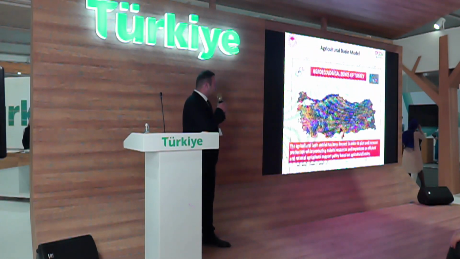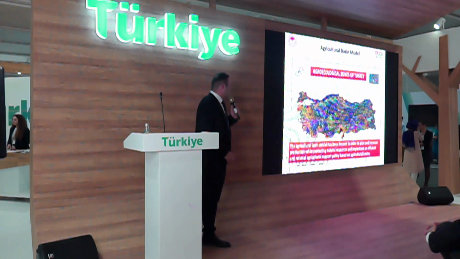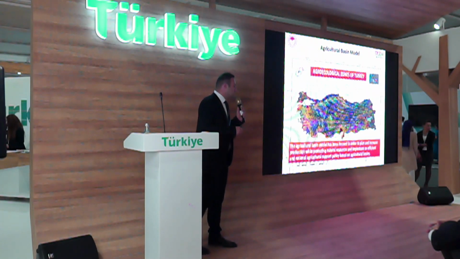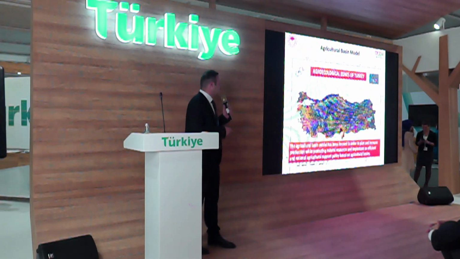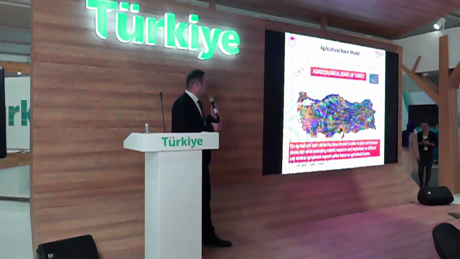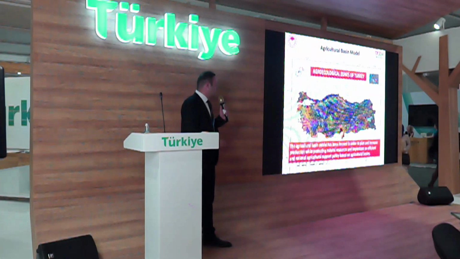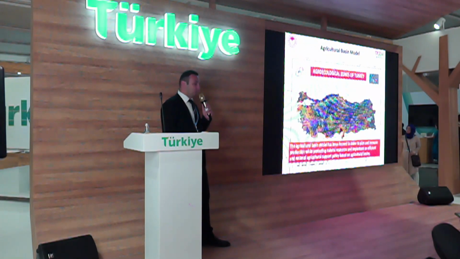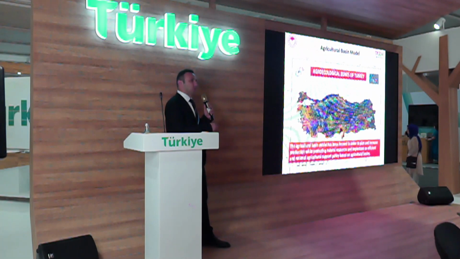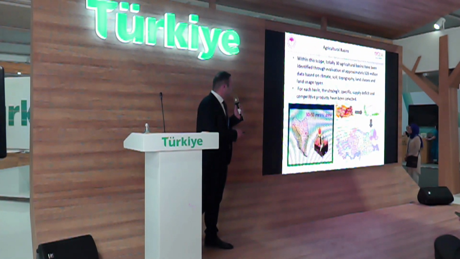Another study is about the ecological zones of Turkey. In our GIS department, agriculture basin models have been formed in order to plan and increase production while protecting natural resources and implementing efficient regional agriculture support policy based on the agricultural basins.